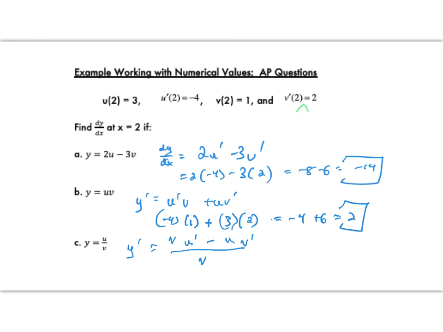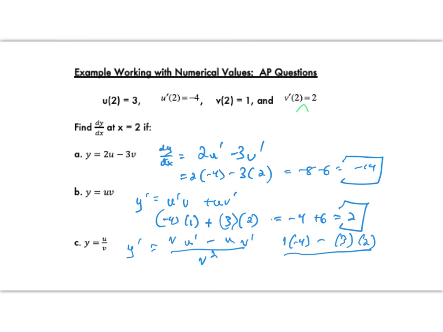All right, so let's go ahead and plug in the values here. V is 1. U prime is negative 4, as we already know. And then u is going to be 3. And v prime is going to be 2. And this is all over v squared, actually.